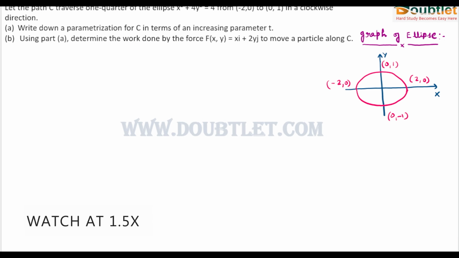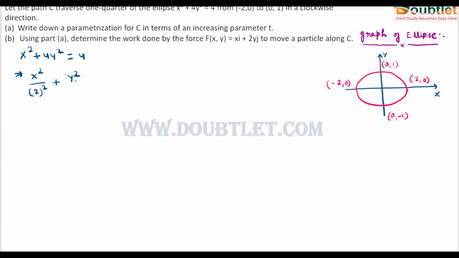So first of all, we have to convert this x square plus 4y square is equal to 4 into standard form. If we divide by 4, it will become x square by 2 square plus y square by 1 square is equal to 1.